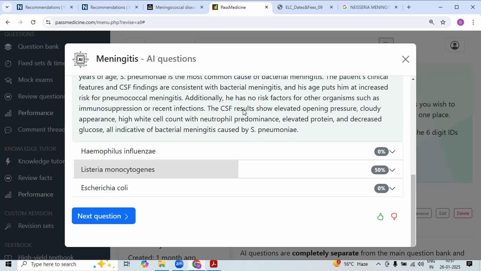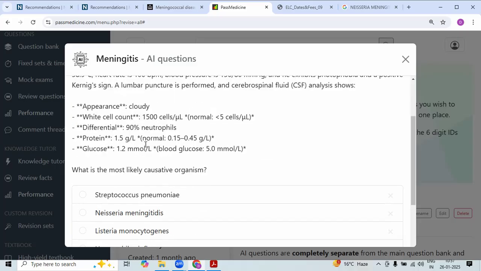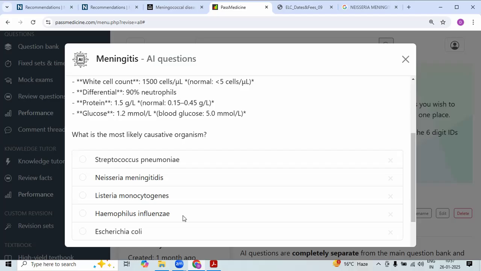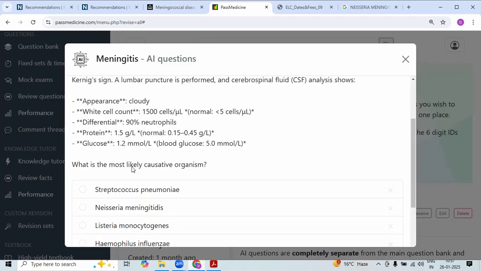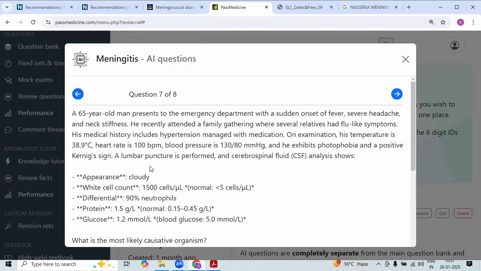Elevated opening pressure in the CSF can be there in any of those. A 65-year-old with meningitis in the emergency, sudden onset fever, neck stiffness, family relatives had flu-like symptoms. Hypertension, here exhibits photophobia. CSF is differential, protein is high, neutrophils 65.